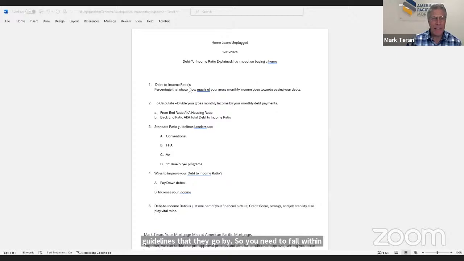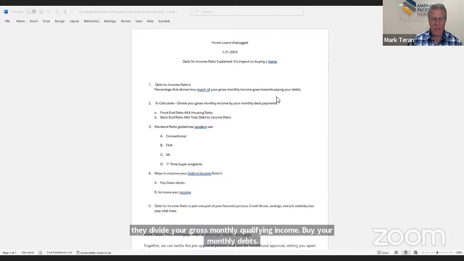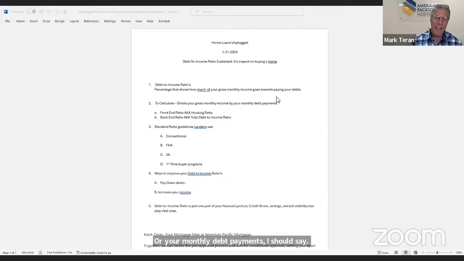To calculate that debt to income ratio, what they do is they divide your monthly debt payments by your gross monthly qualifying income. So, for example, let's say that you had $3,000 a month going out for your house payment and maybe other monthly debts like a car payment, things that would come up on your credit report.